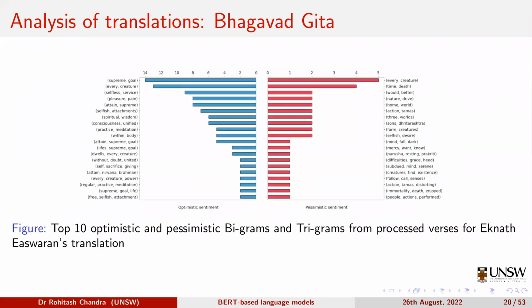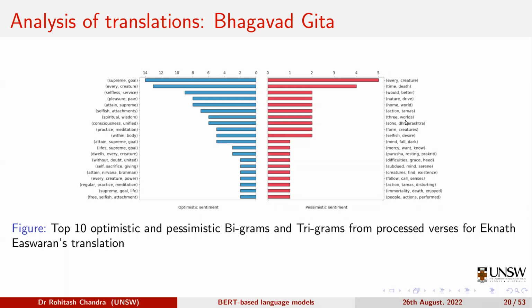So, the basics: you use bigrams and trigrams when it comes to any text to see what sorts of similarities are there. And we have optimistic sentiments and pessimistic sentiments, the bigrams and trigrams: supreme goal, every creature, optimistic life, supreme goal, without doubt, self-sacrifice, giving.